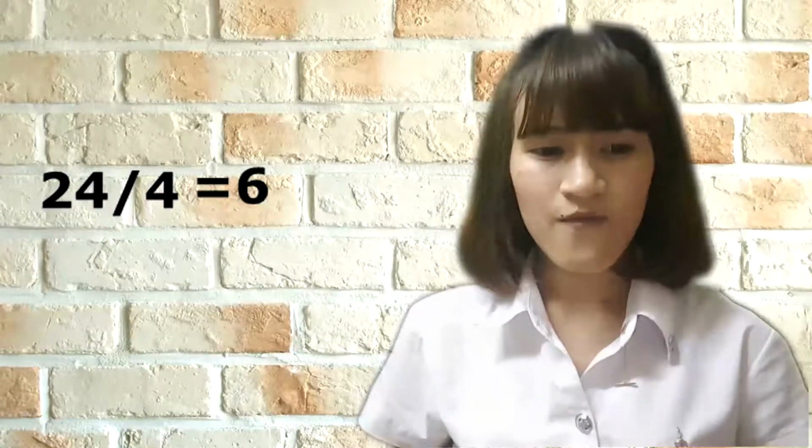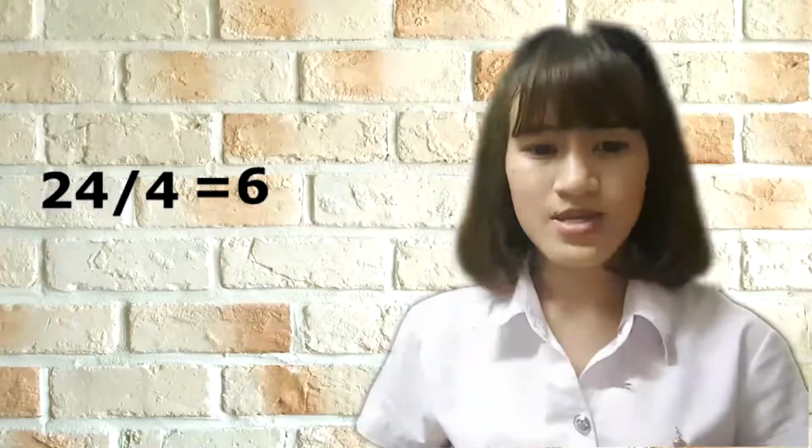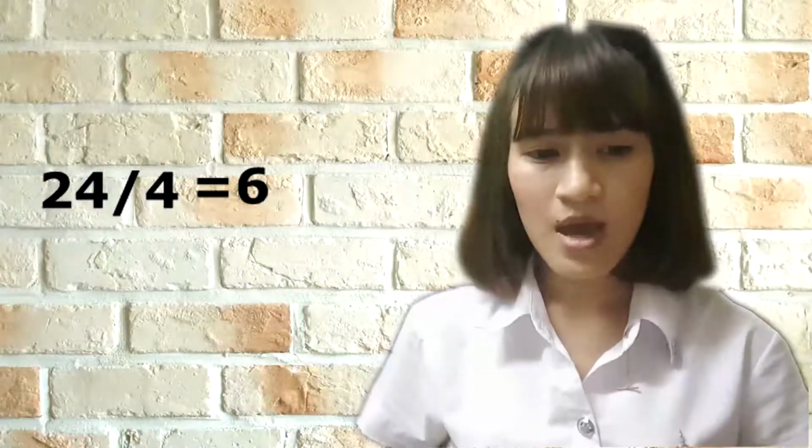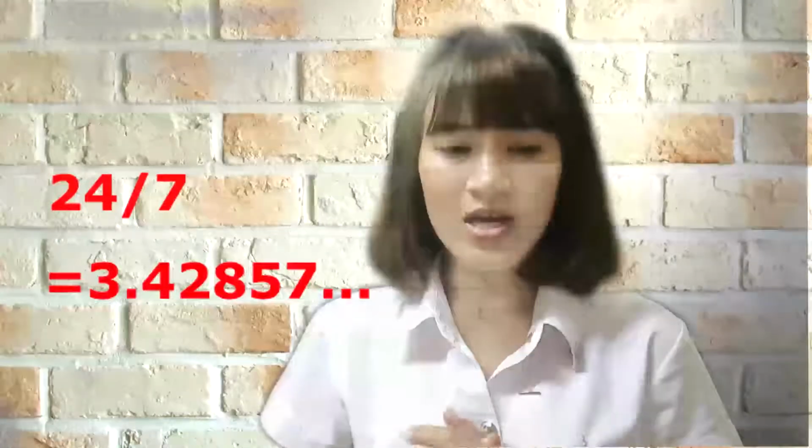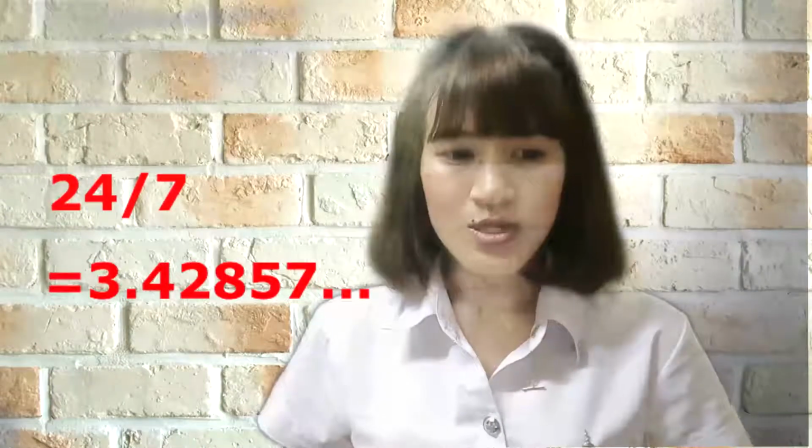For example, if you take our first factor 4 and divide it into 24 using a calculator, our answer will be 6. 4 divides into 24 six times with no remainder. But if you try to divide 24 by a number that isn't one of our factors, like the number 7, we get 3.42857 and so on, a long decimal number.